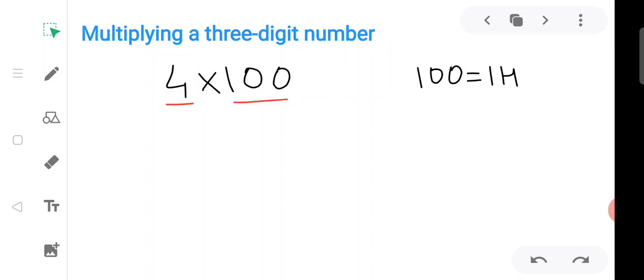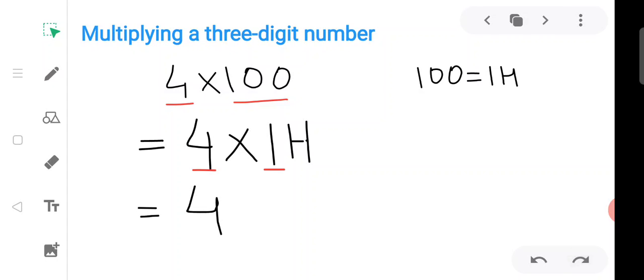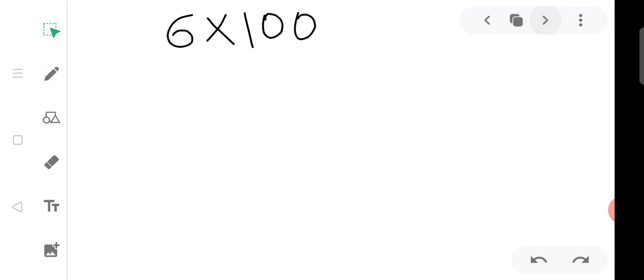So here 4 multiplied by 100 is written as 4 multiplied by 1h. Now we multiply 4 by 1. 4 ones are 4, and h, 4h. 4h means 400.